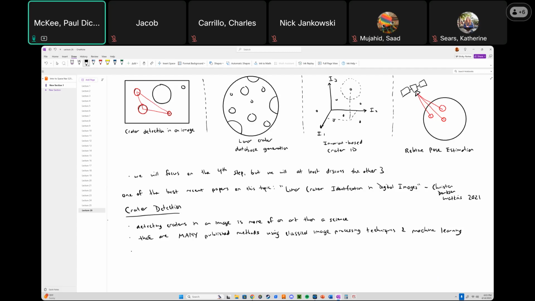Classical methods often leverage some a priori state information. This would be something like, at least we know our sun direction or our illumination direction.